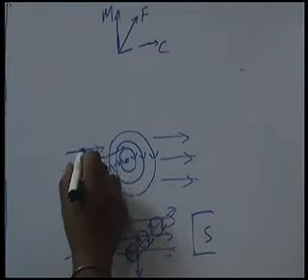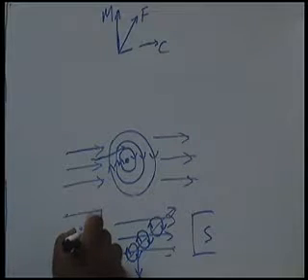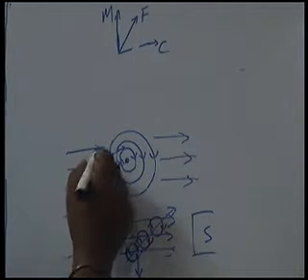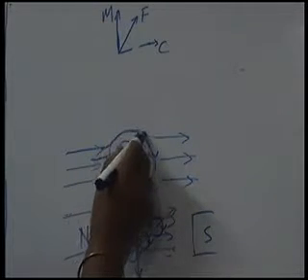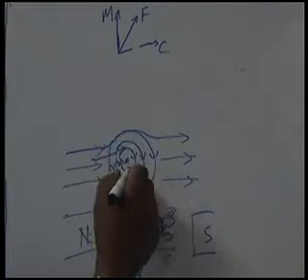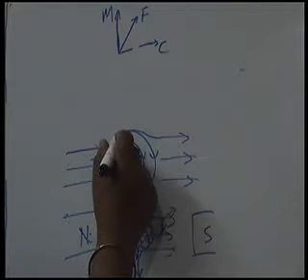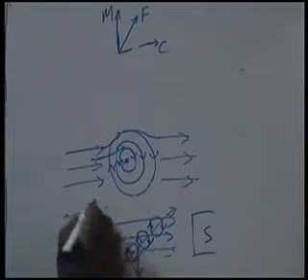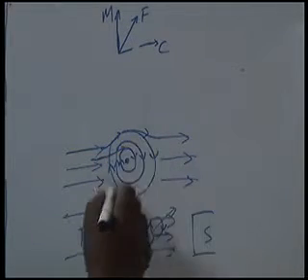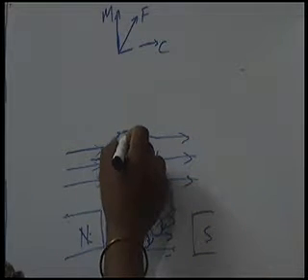These forces due to these poles are matching, because this is also in clockwise direction, and this magnetic force is also in the same direction. So they get stronger on this side, on the upward side.